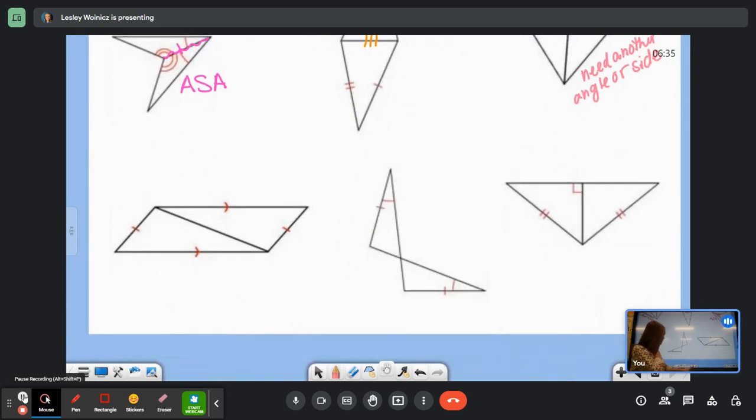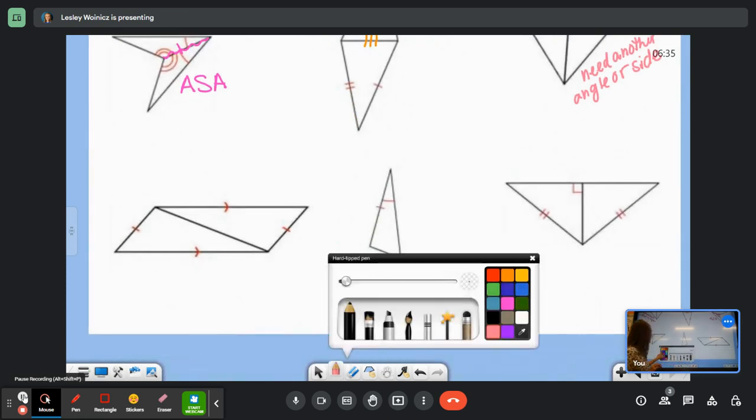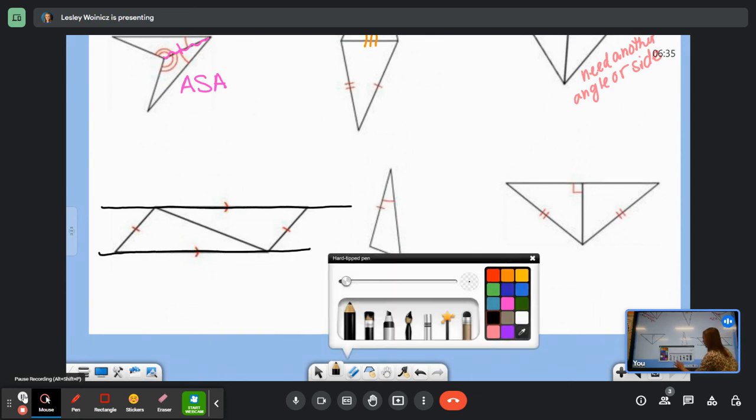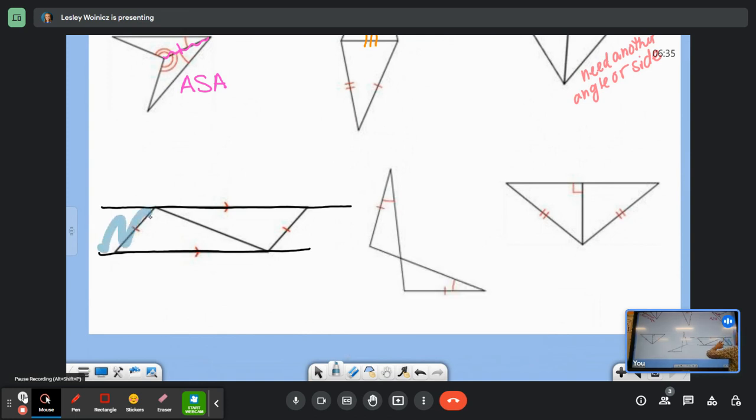Okay, last row. Ooh, I like these. Okay, these parallel line ones, we get to use our Unit 1 stuff too. So draw in your parallel lines, extend them. Okay, shade in your interior.